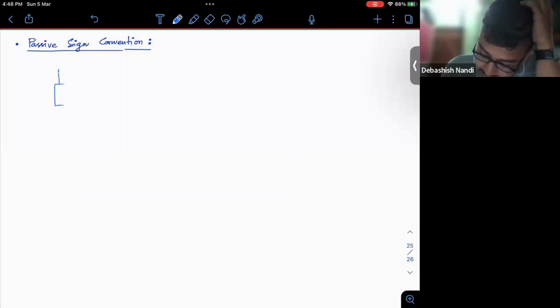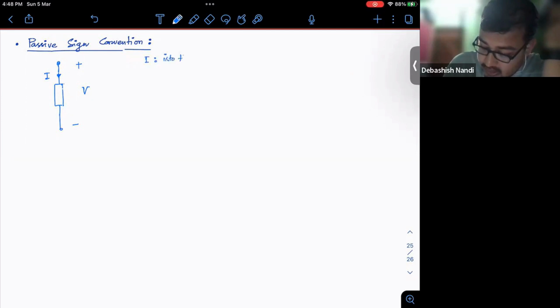Suppose you have a network element. This is the voltage across it, and this is the current into the network element. Very important.